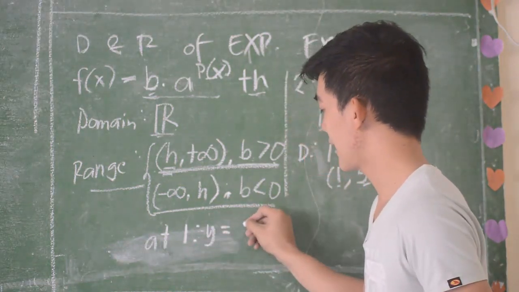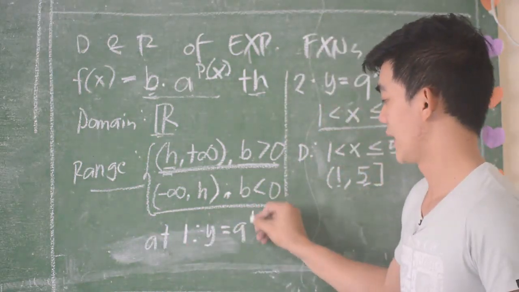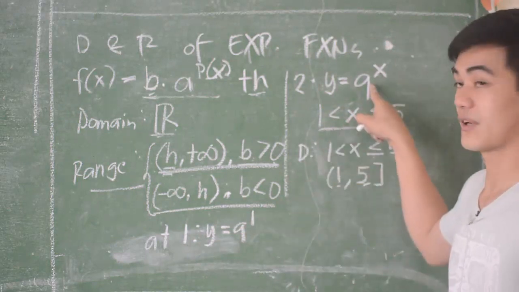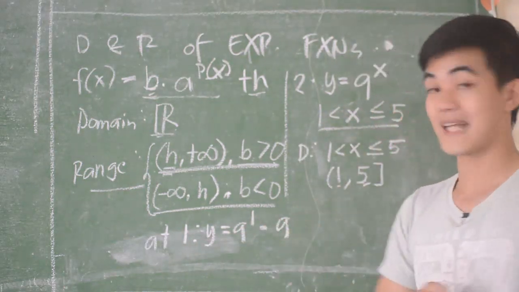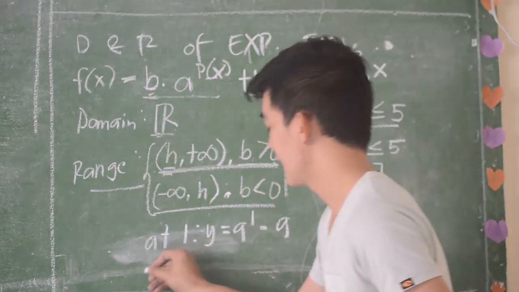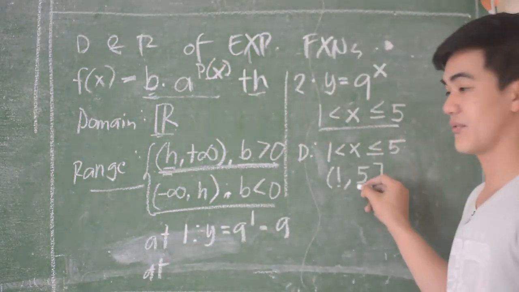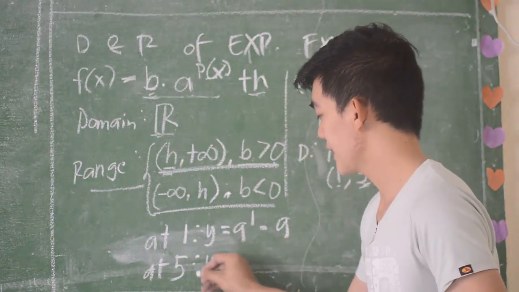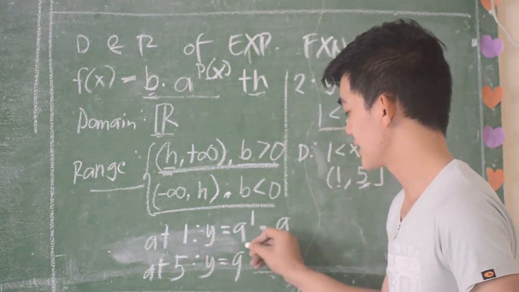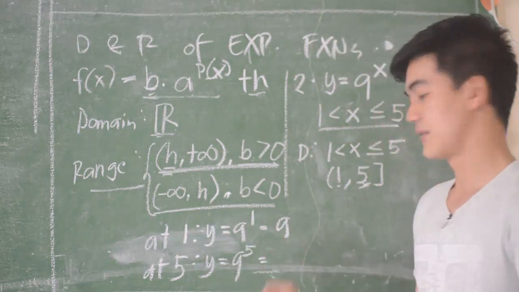Y is equal to 9 raised to 1. So, i-substitute natin sa taas from our function. So, that is equal to 9. Okay? Next, ito naman, at 5, kasi restricted yan. At 5, our y is equal to 9 raised to 5.